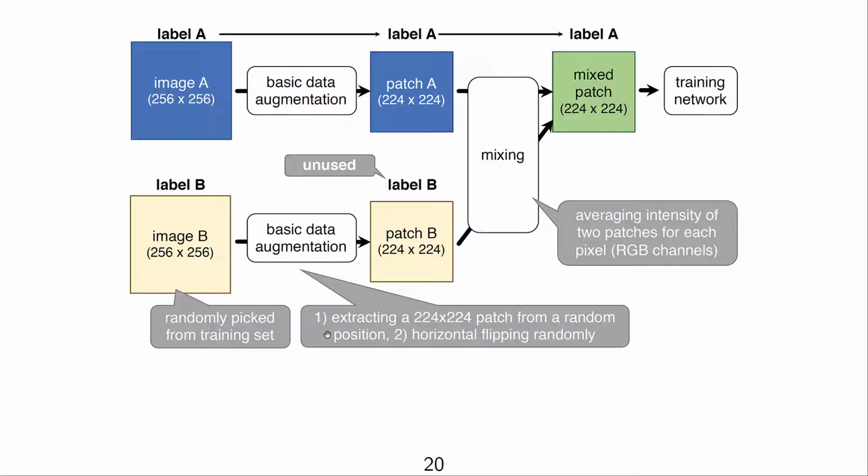First, out of this 256 times 256 image, a 224 times 224 patch is extracted randomly from within the larger image. And also horizontal flipping is randomly enabled or not. This type of data augmentation goes back to AlexNet, the first paper that started the new modern era of deep learning. Then mixing happens, and the mixed patches are sent to the training network.